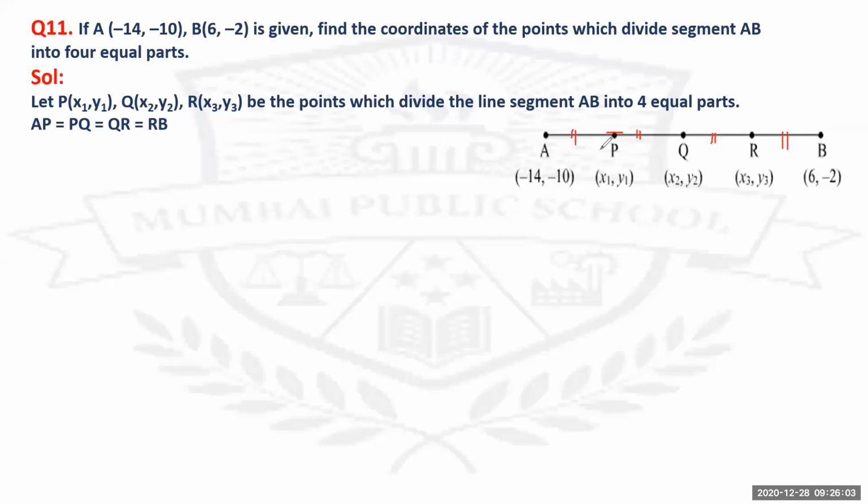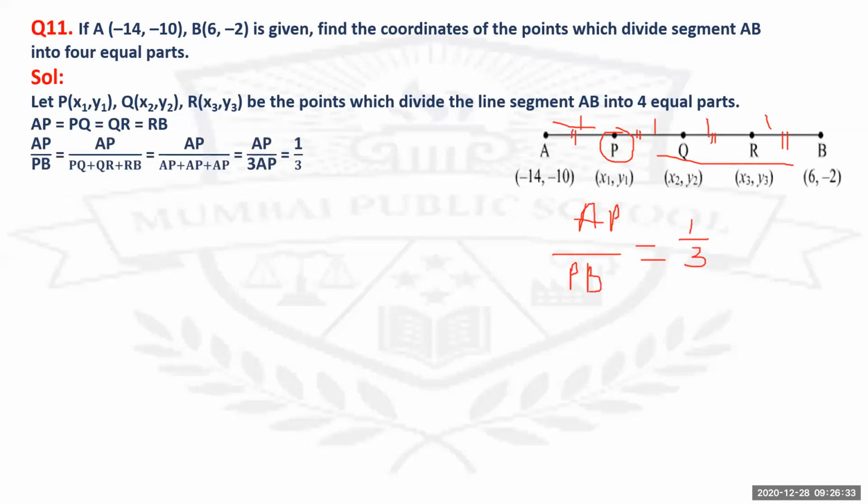Now to find the first coordinate, you'll have to find the ratio of AP upon PB. Now check, AP is one part, this is one part, this is one part, and this is one part. So all these three parts you're going to add. You get that as 1 upon 3. This is clear to all the students.